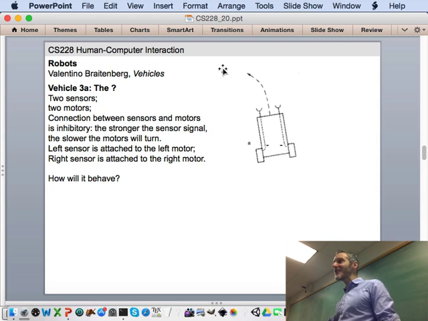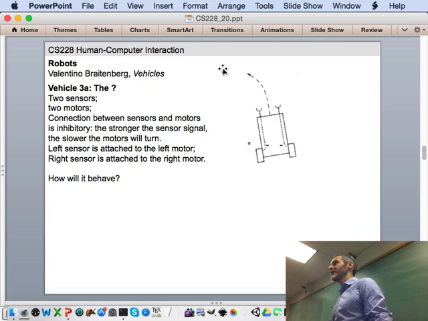If we put the flashlight here, as you can see, it will turn towards the flashlight. Why does it turn towards the flashlight? Because the left sensor is closer, which means it would be slower, allowing the right wheel to turn a little more.